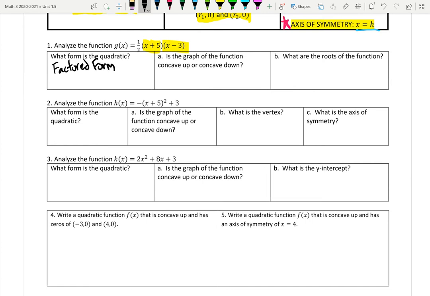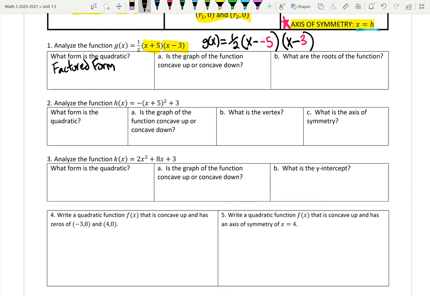Now, I am going to take a moment to rewrite g of x in an equivalent form, the only difference being I'm going to write it as x minus, I have to make sure it's still equal to positive 5, and I use an extra color to make the root stand out, x minus 3. I do this on purpose. I do it to make sure I'm successful.